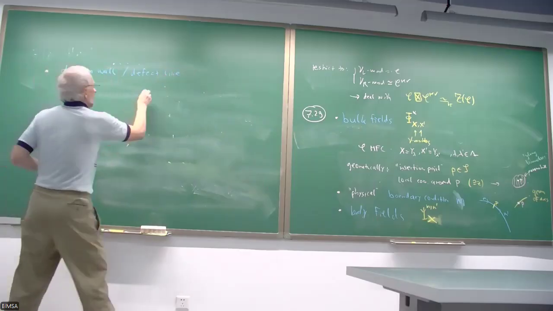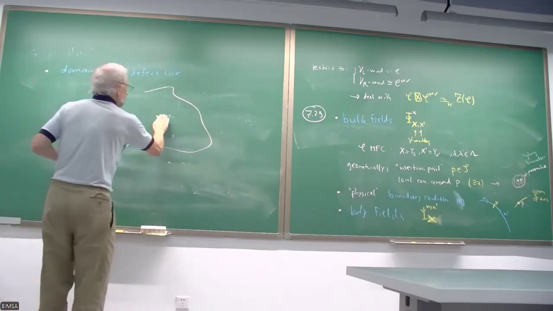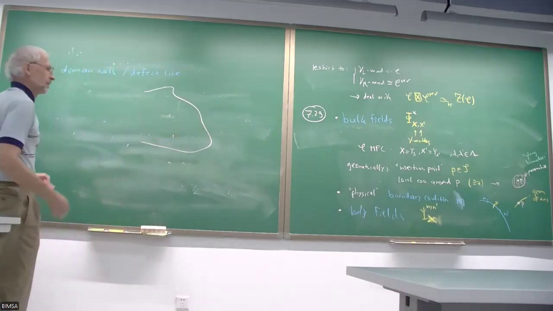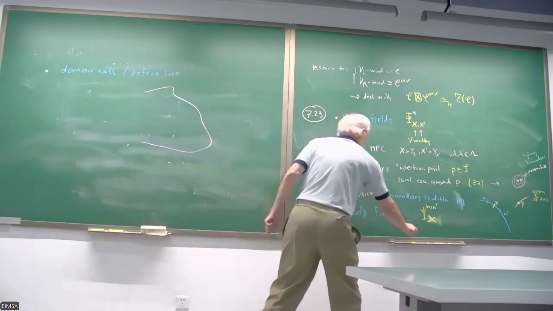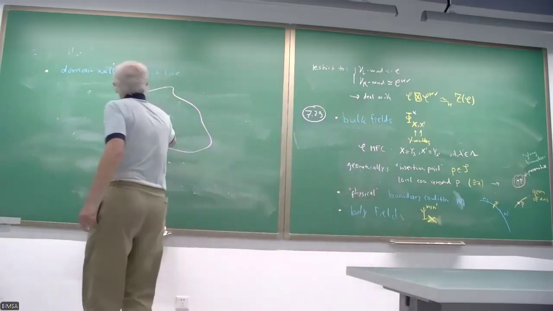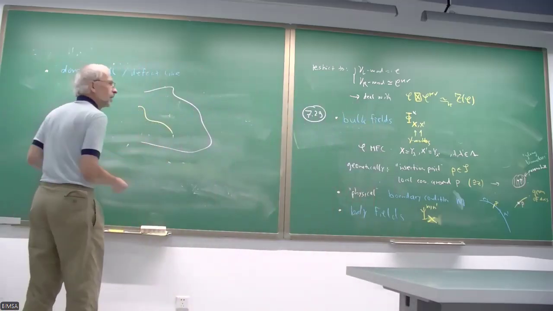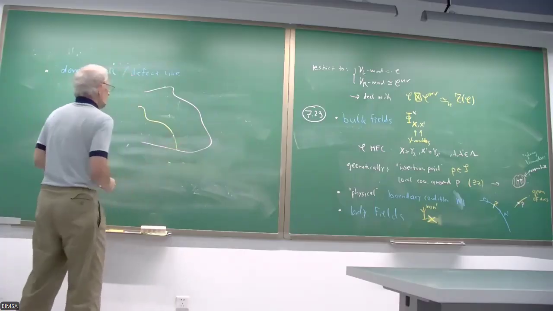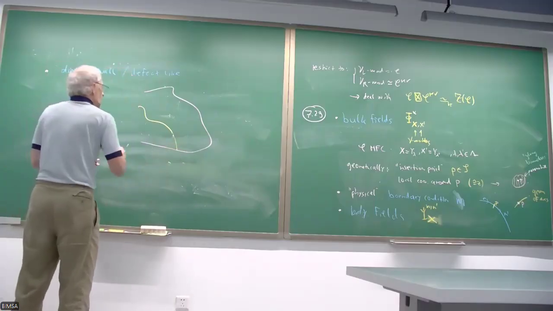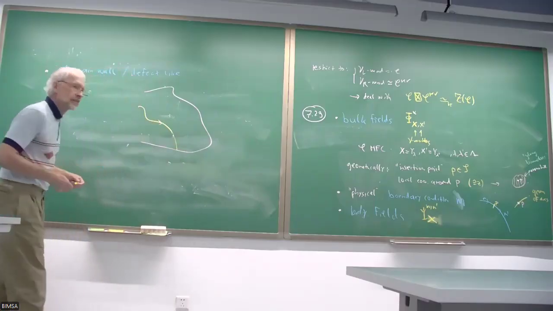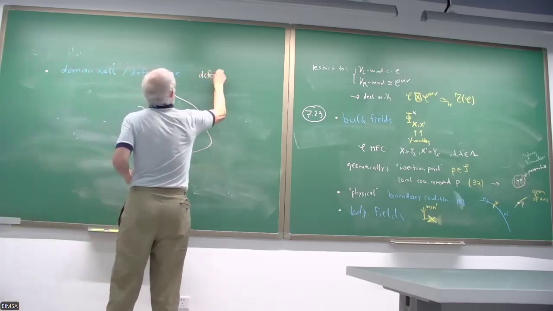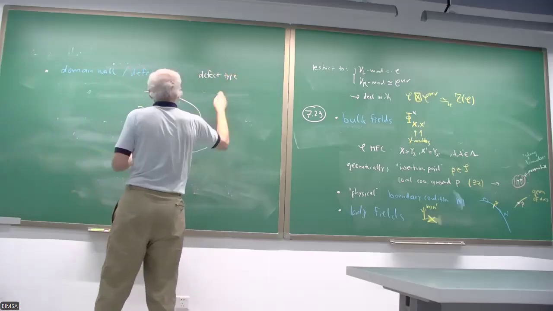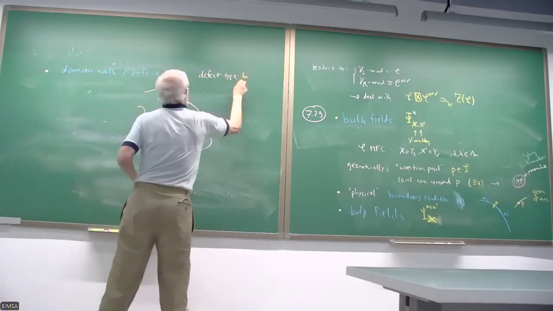So if we are in the bulk, in the interior of our worksheet, we can have some line which has to be closed or end maybe on the boundary. It can be oriented and we give it some label, which we call a defect type. And this I denote by B.